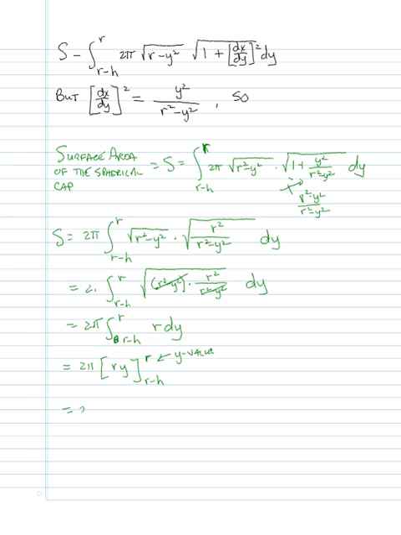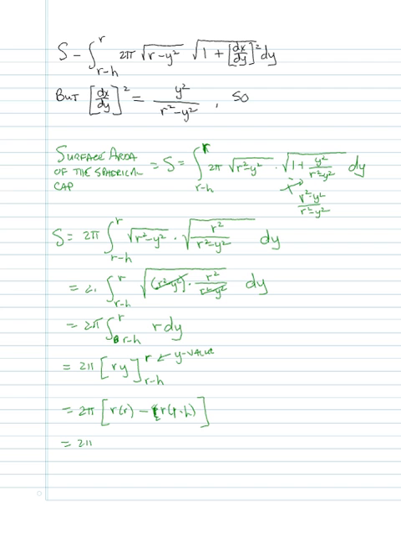So as we calculate, we get 2 pi times, when we put r in for y, we get r squared, minus, now we put in r minus h for y.